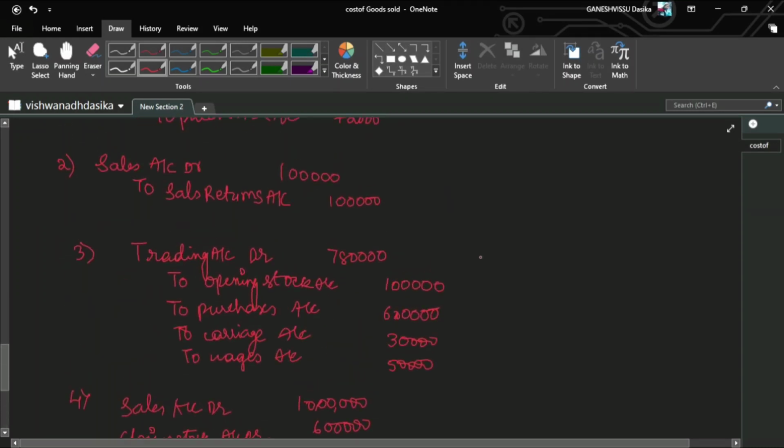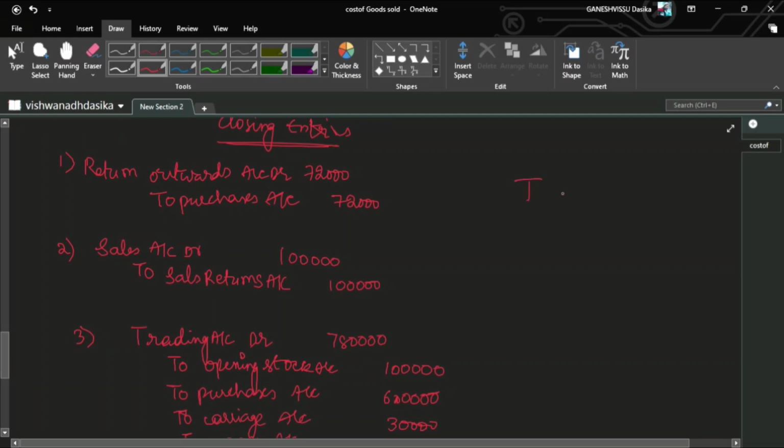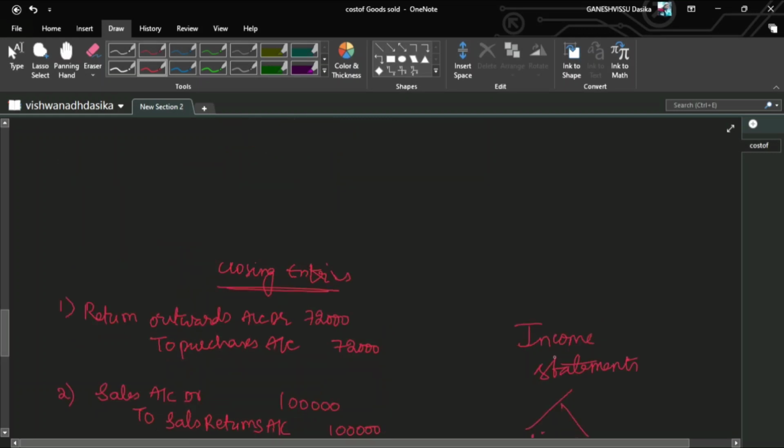Means for income statements, which are trading and profit and loss account, we are going to pass opening entries. Sorry, I think these are closing entries.